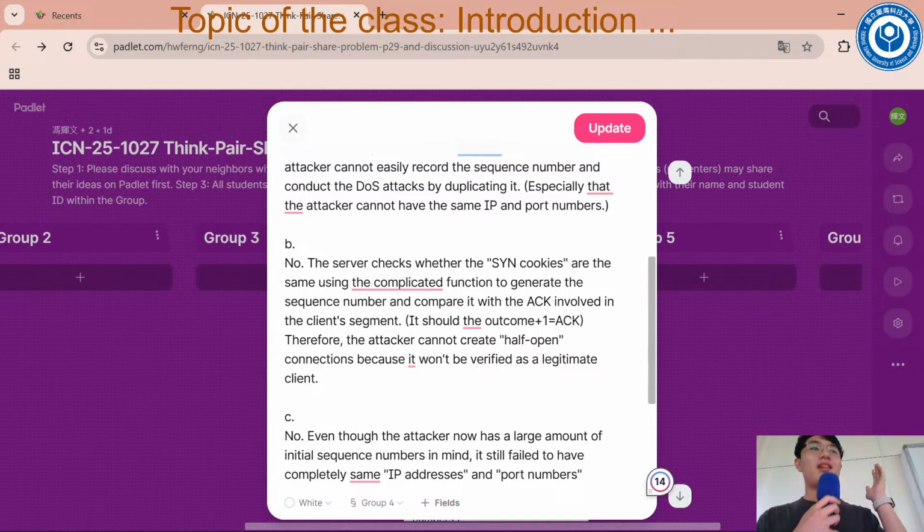And if the number it generates now plus 1 equals the ACK number it receives from the client, it validates that the client is a legitimate one, so it will open a connection. Through this mechanism, the attacker cannot create the half-open connections because it cannot be verified as a legitimate client. Yeah, it doesn't have the same 4-tuple information from the previous clients.